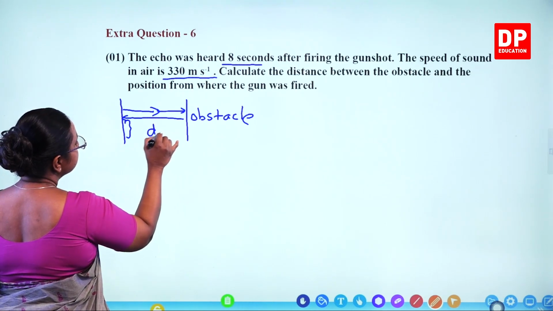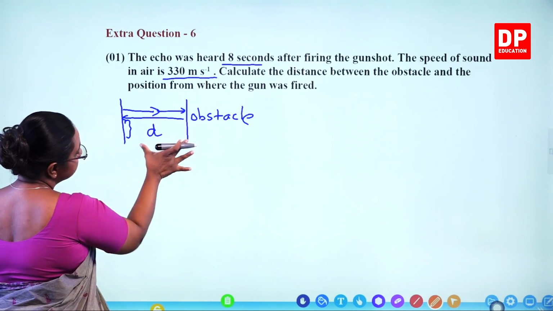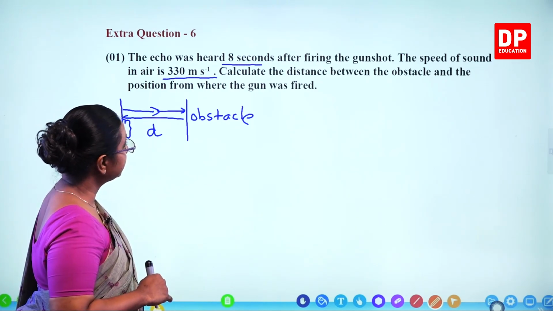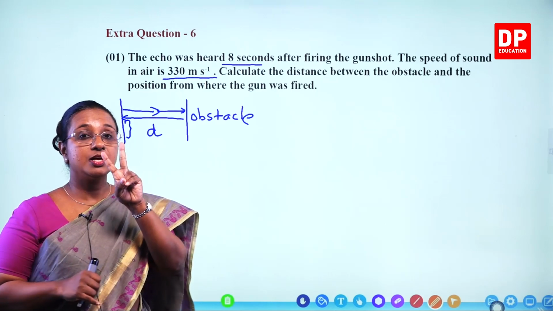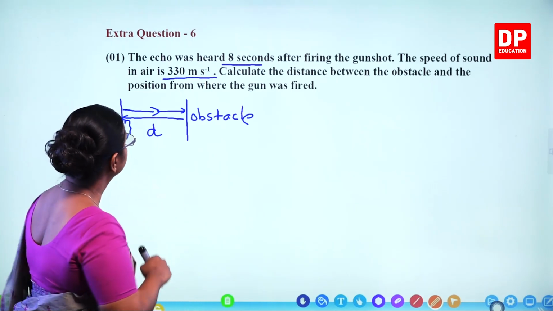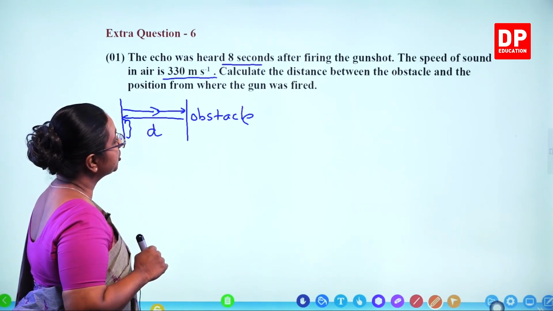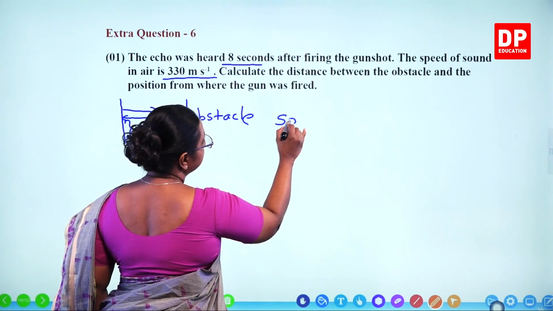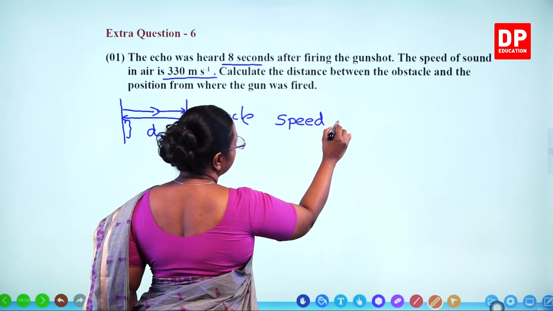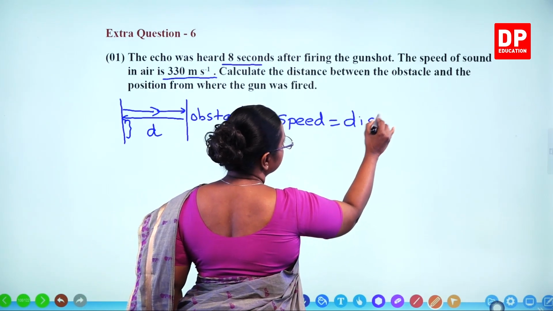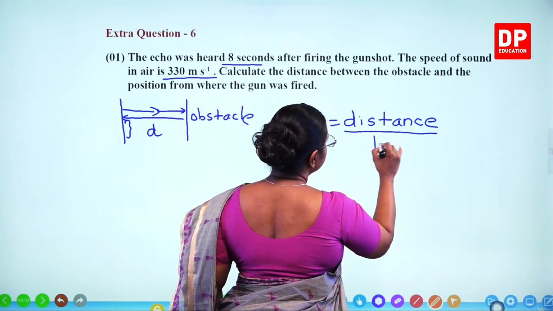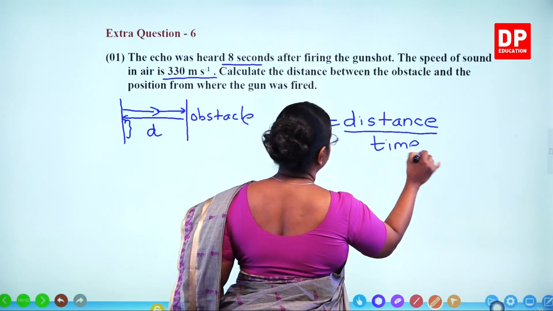And if this distance is D, distance between the person and the obstacle is D, the sound travels 2D distance. So what is the equation we have to use? We use speed equals distance over time.